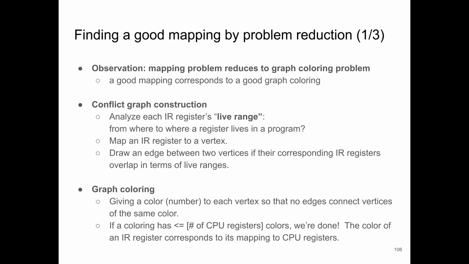And thanks to the property of this conflict graph, we know that no CPU register needs to hold values of multiple IR registers at the same time. So we don't have conflict at all because each CPU register doesn't have conflicting vertices or conflicting IR registers. So basically, that is the high-level theme of this reduction to the graph coloring problem.